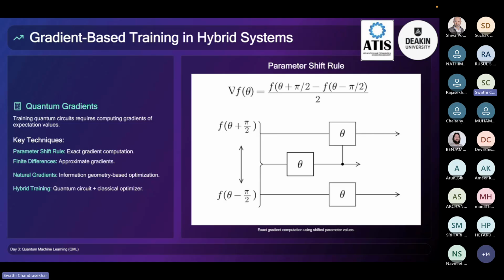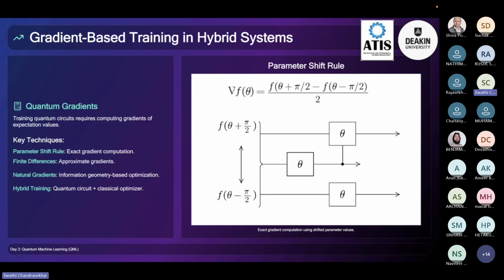In quantum circuits, we can't directly apply the same trick because the quantum state is not something we can freely copy or inspect. We only get measurement statistics from running the circuit many times over and over. So looking at the formula on top of the slide on your right, here f of theta is an expectation value that depends on the single parameter theta.